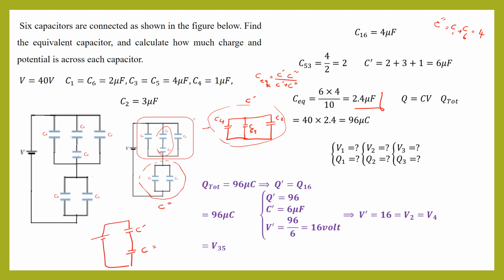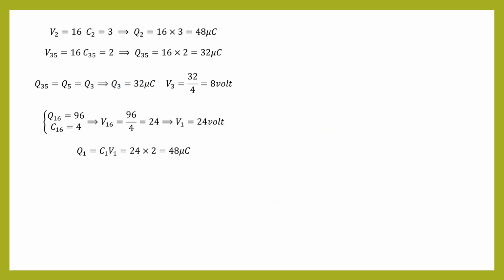This is the potential of the battery. Step by step, everybody, you have to make simplifications. This is the solution of the previous question, everybody. All the potentials and charges have been calculated.